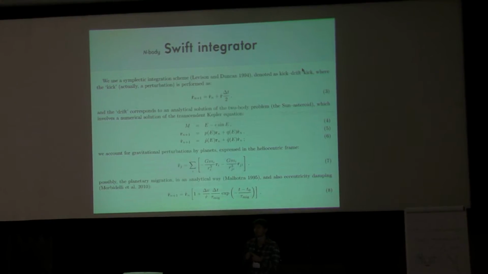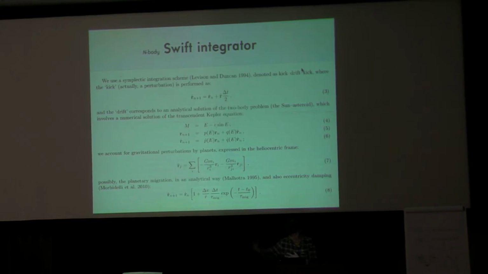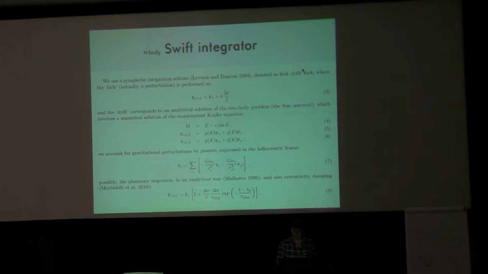Sometimes you have to deal with the migration of planets. And one of the simplest models you can use for the migration of planets is the model similar to that of 1995, which is an analytical prescription of migration. It's an acceleration in the direction of velocity, and this would force planets to migrate elsewhere.